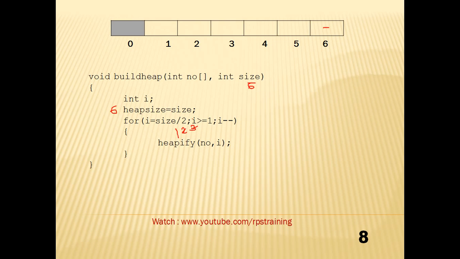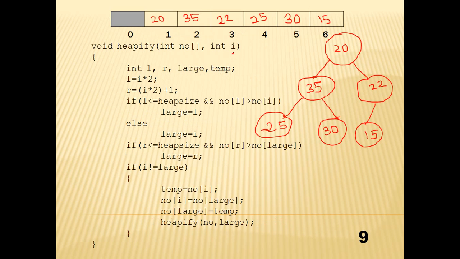i is 1, 1 greater than or equal to 1, the condition is true, again heapify will be called with A and 1. i is 1, L will be 2, R will be 3.